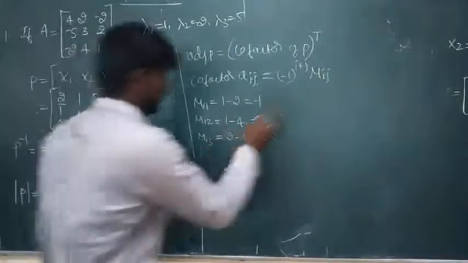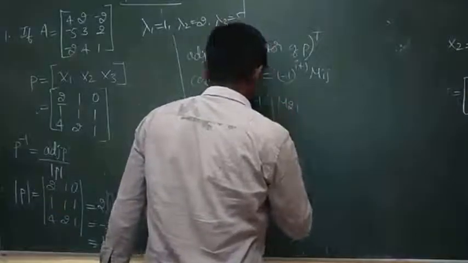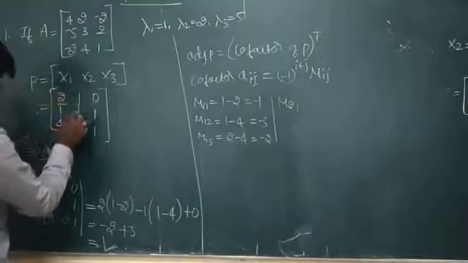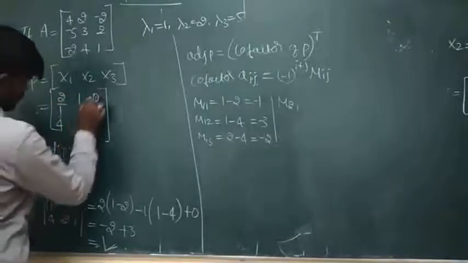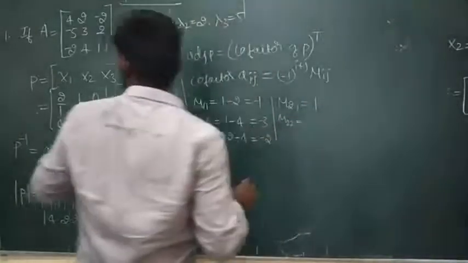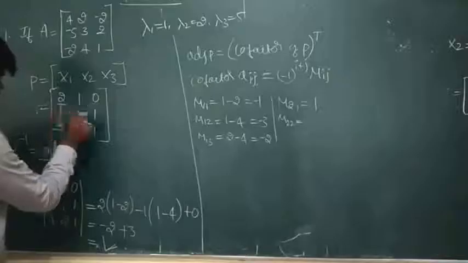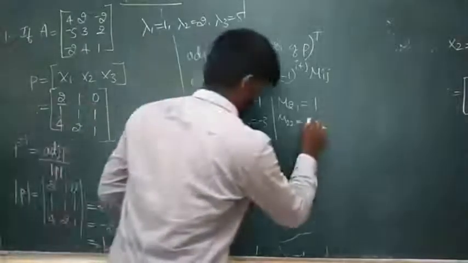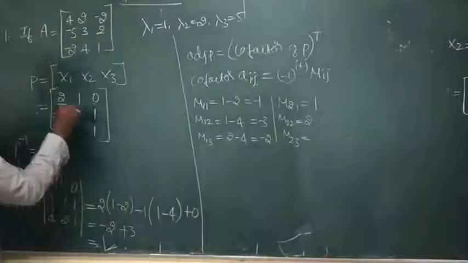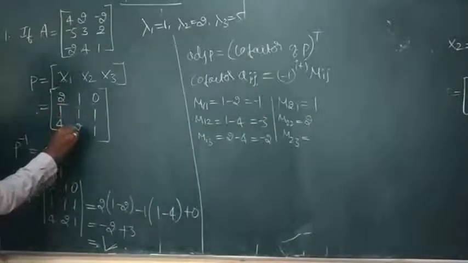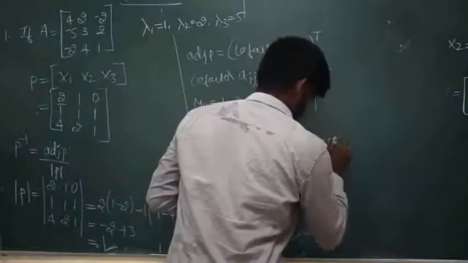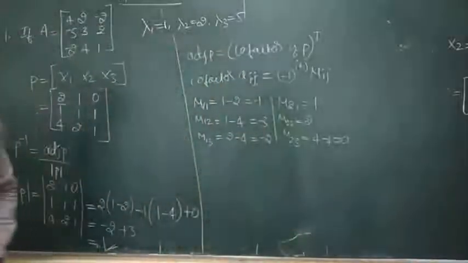And M21. Leaving this row and this column, you get 1 into 1 and 2 into 0. M21 is 1. And M22 is, leaving this row and this column, 2 into 1, 4 into 0, 2. M23 is 2 into 2 and 4 into 1: 2 into 4 minus 4 is 0. M23 is 0.